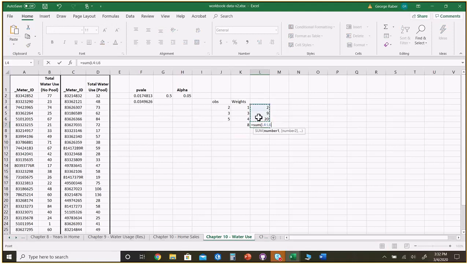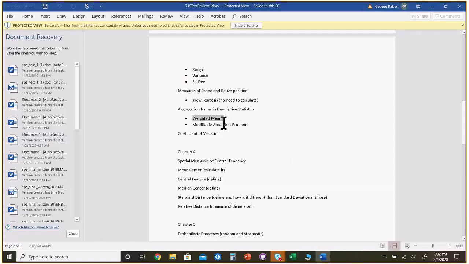The sum of the weighted values is the numerator. You say equals this divided by that. That is your weighted average. So the average value is 3.875 based on these weights and those observations. Something like this is what you'll produce on the test. All right, so that's the weighted mean.